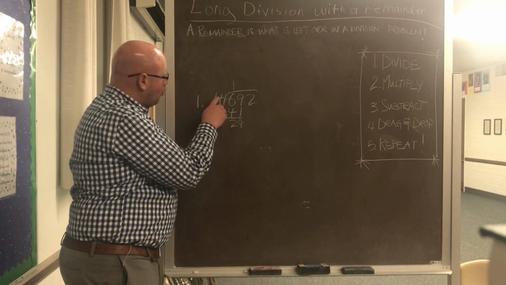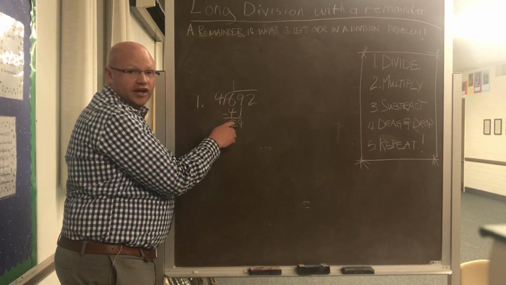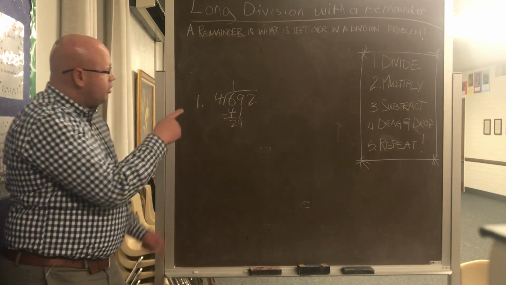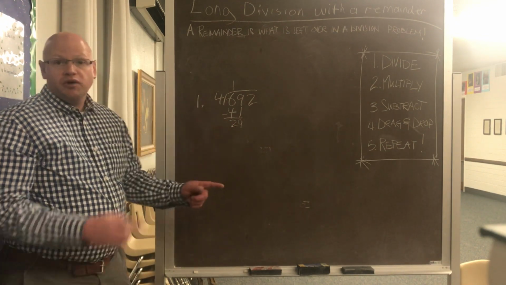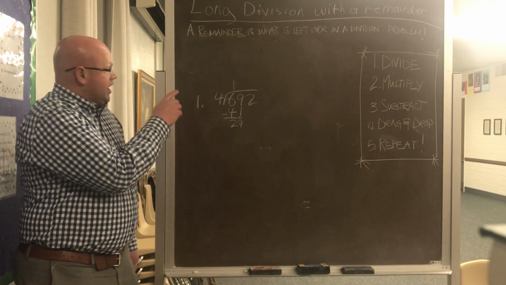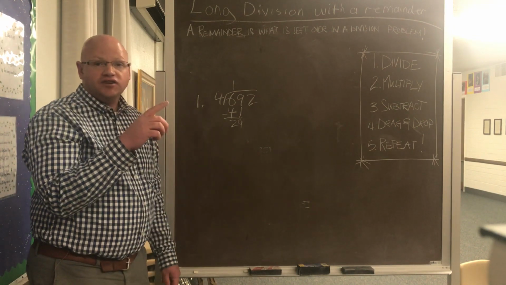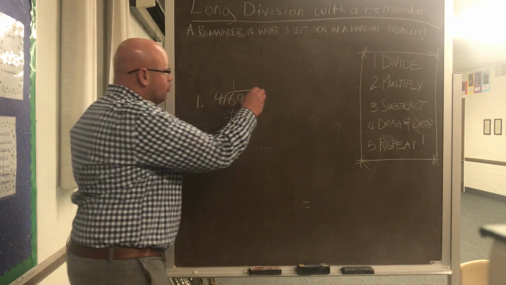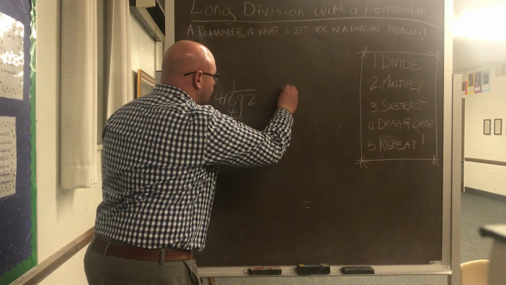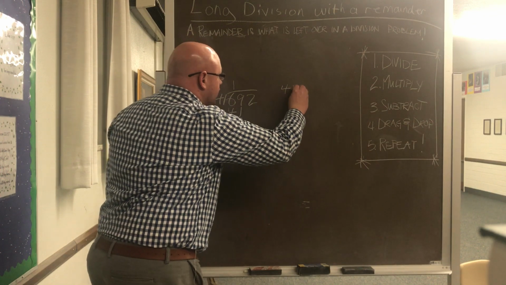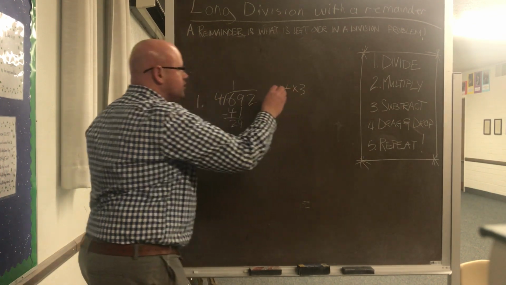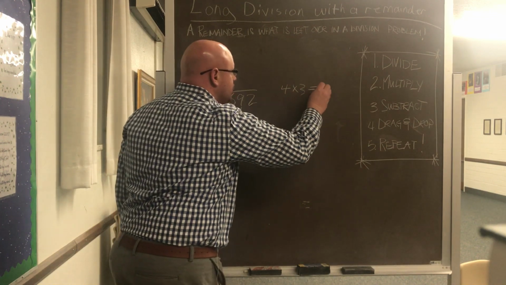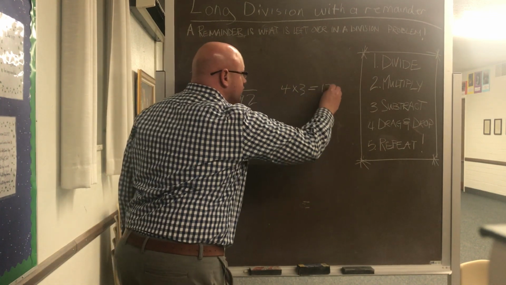We'll go 4 divided into 29. And 4 is less than 29, so we can do that. But we're going to have to find out how many times 4 can go into 29. So over here, we're going to go 4 times 3. Let's start off with that one. 4 times 3 is 12.